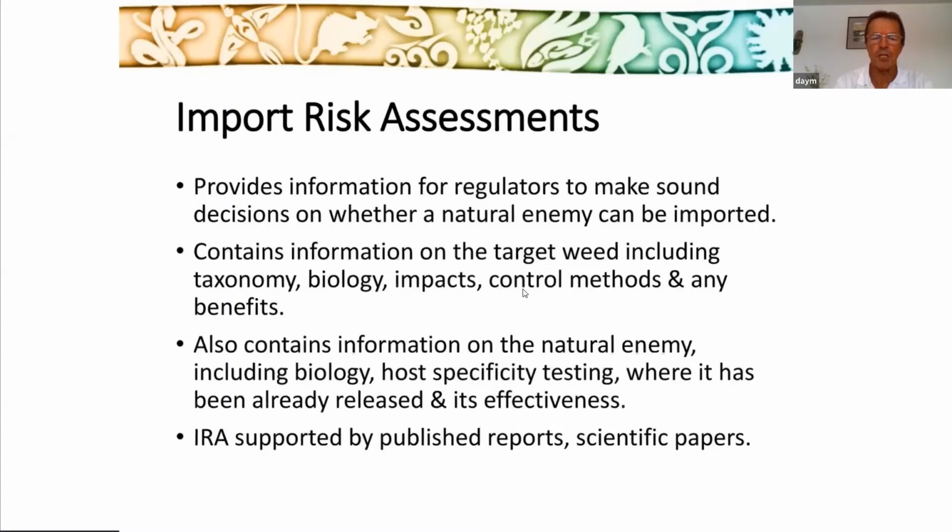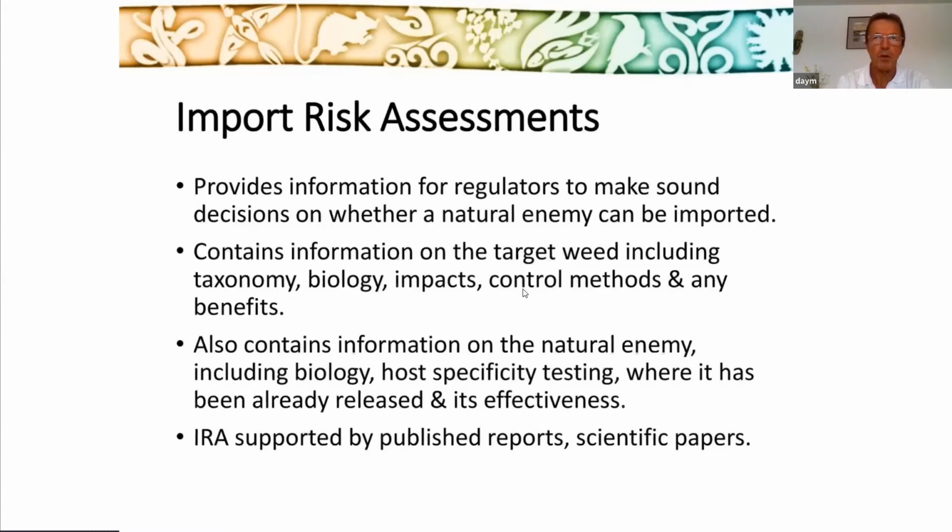So when the regulator is looking through the application, and then they look through what plants the insect has been tested against, they can say, oh, the insect has been tested against all our closely related species. Or if it hasn't, then that becomes a little red flag, and we might need to do further testing. We also look at the biology and the impacts of the plant.